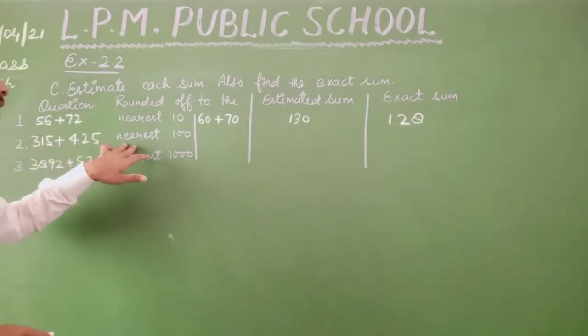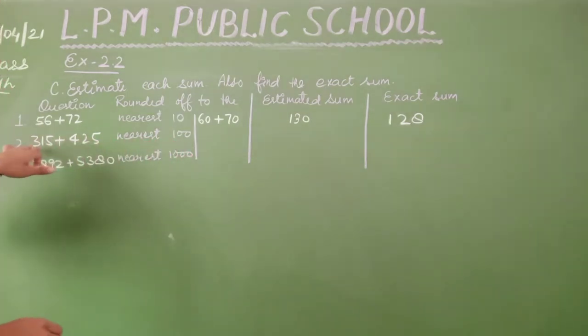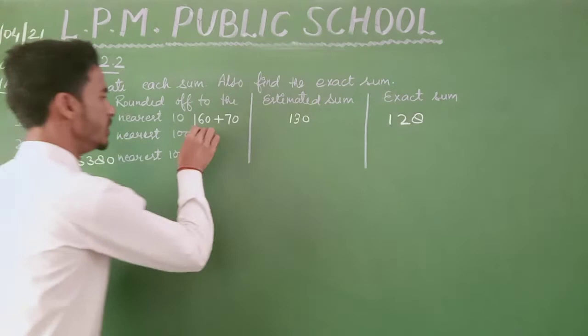Firstly we have to round off up to the nearest 100. So firstly we have to round off 315. So 315 is between 300 and 400, closer to 300, so we round it off to 300.